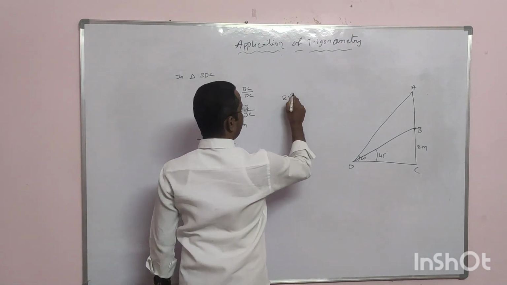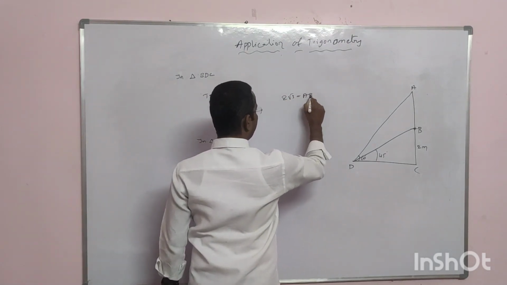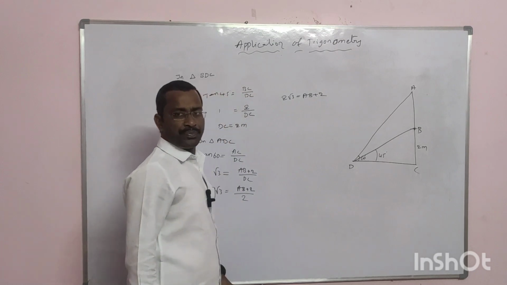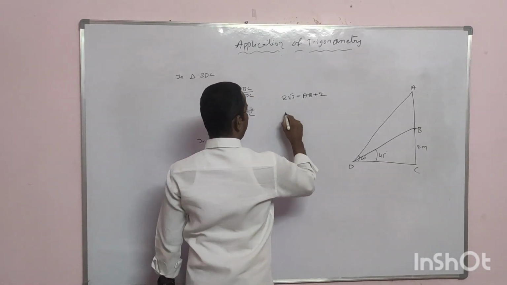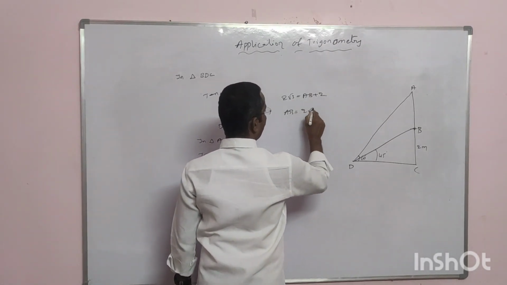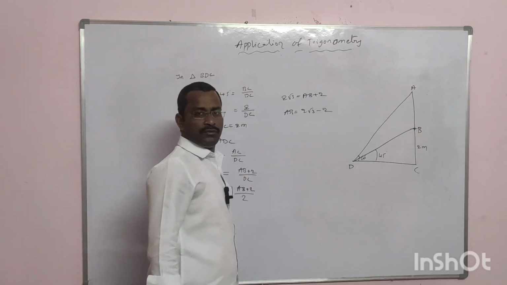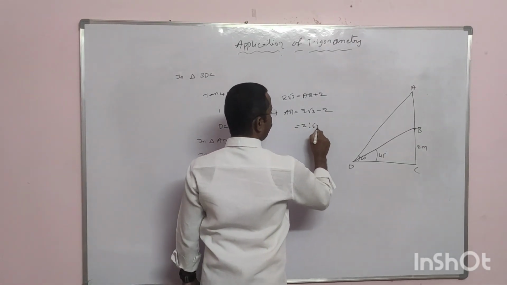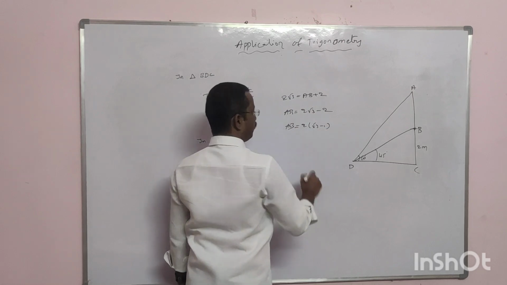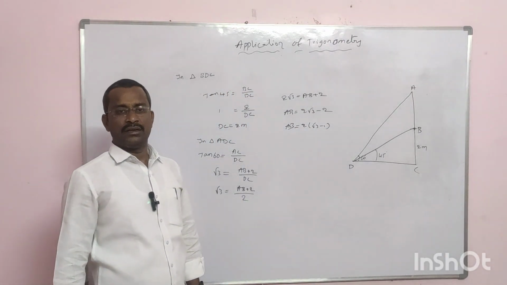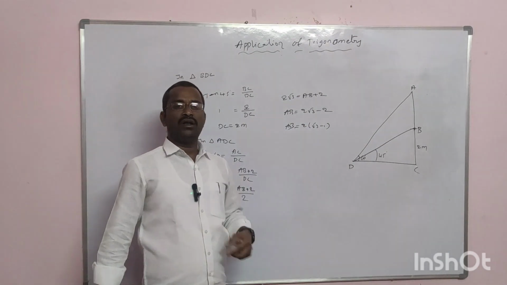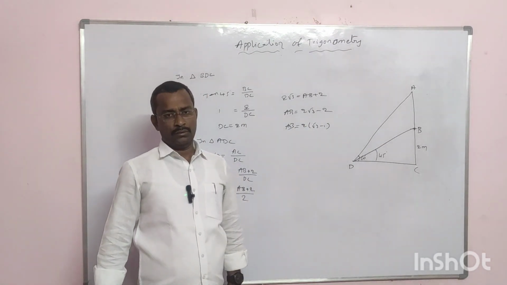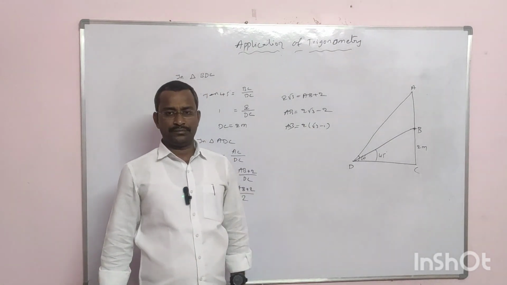So 2 root 3. 2 root 3 is equals to AB plus 2. అప్పుడు AB is equal to ఏమైంది నాన్న? 2 root 3 minus 2. Then 2 root 3 minus 2 common, root 3 minus 1, is equals to AB. That's it. You can substitute the root 3 value as 1.732 or you can leave it, not an issue.